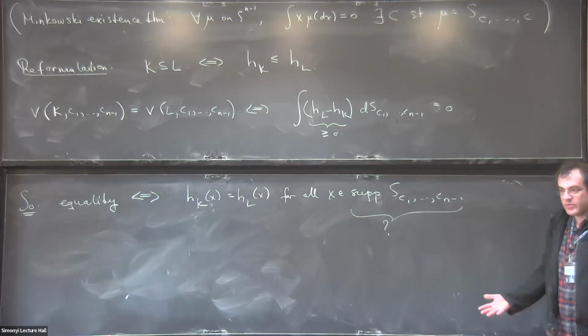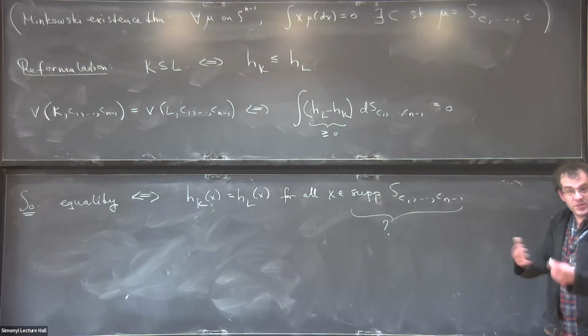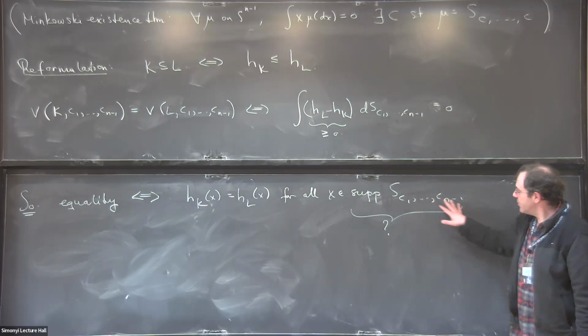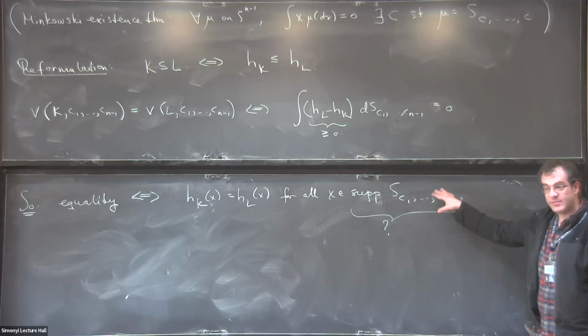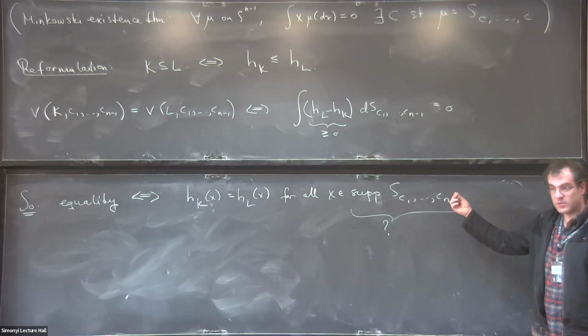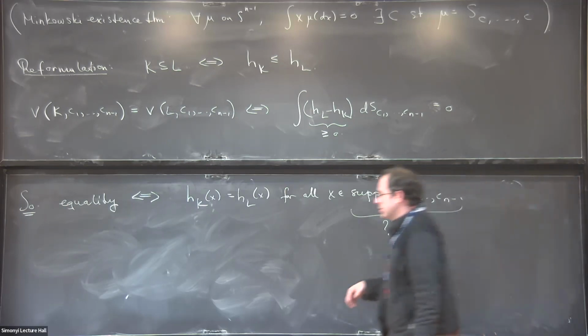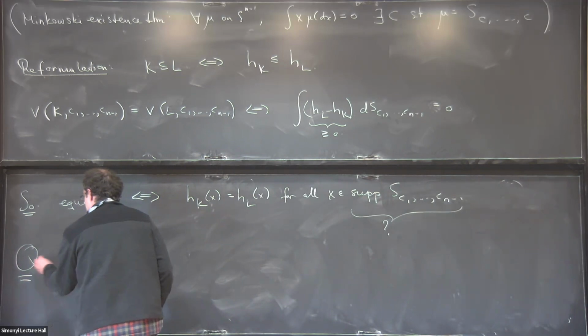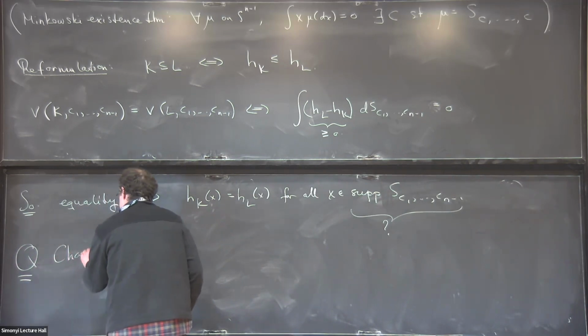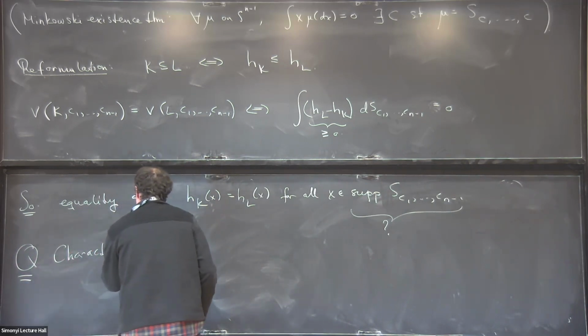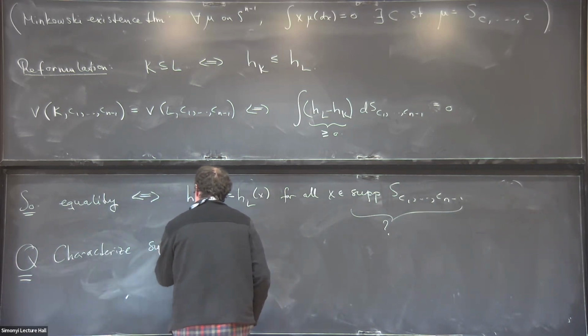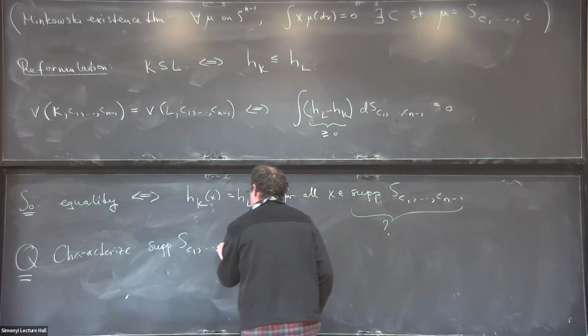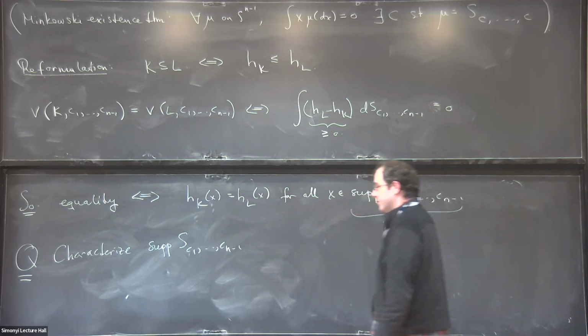These are measures, they don't have to be supported everywhere on the unit sphere. They can be supported on a very small subset of the unit sphere. For example, when these C1 to Cn minus 1 are all polytopes, this is actually a finite measure. It's only supported on a finite number of points. So the real question here, which is equivalent to the question of equality, is to characterize the support of this one.